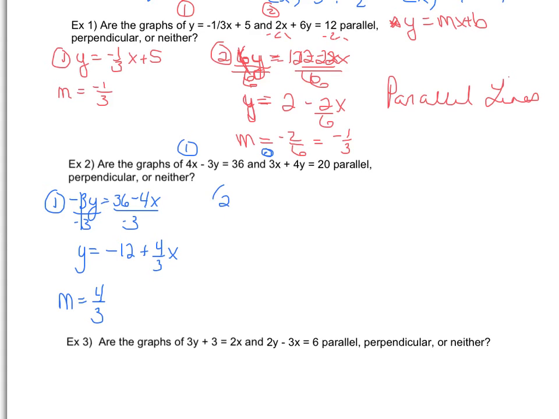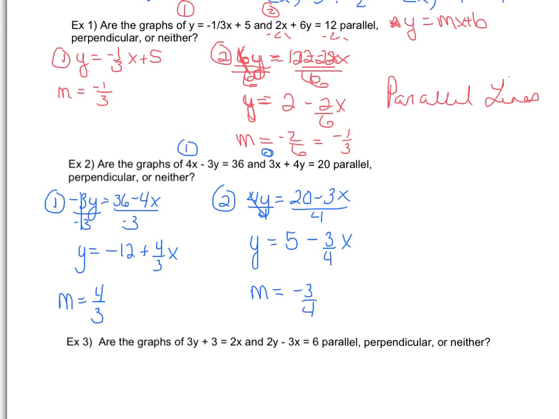Doing the same with equation 2, I'm going to start again by subtracting 3x, giving me 4y = 20 - 3x. I'll divide by 4, giving me y equals 20 divided by 4 reduces to 5, minus 3/4x, and I have a slope of -3/4.